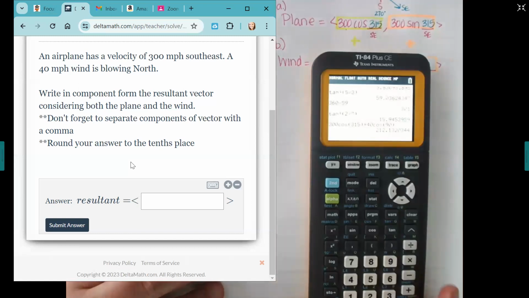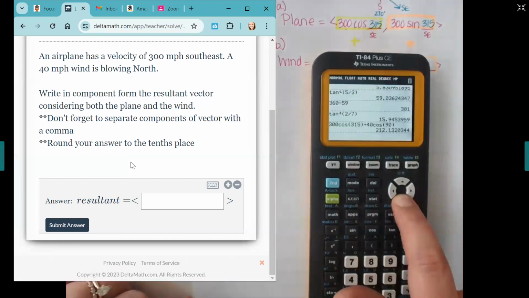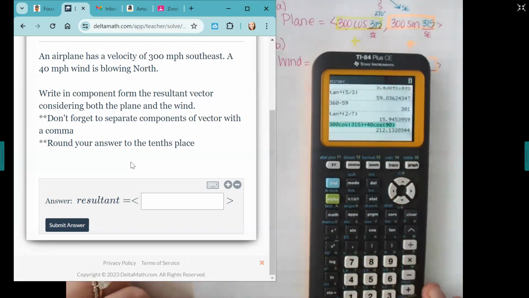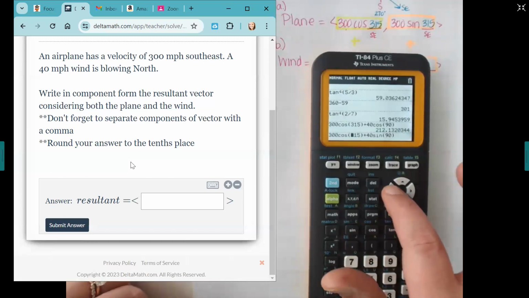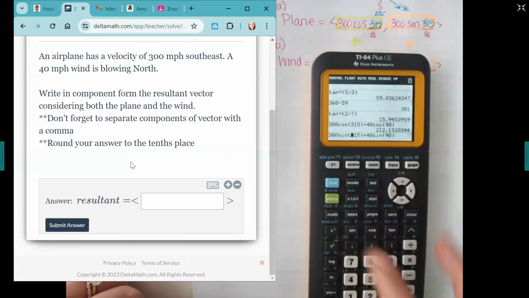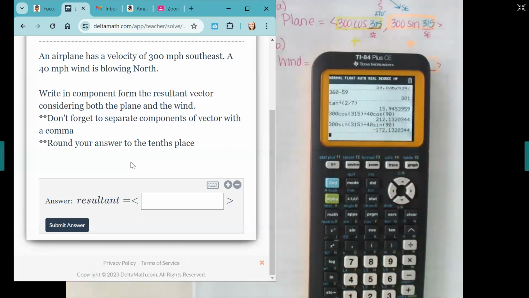And then to be a little bit lazy, I'm gonna go up and pick that answer and change my cosines to sines, so that I don't have to type it all again. So my x coordinate came out to 212.1. My y coordinate is negative 172.1.